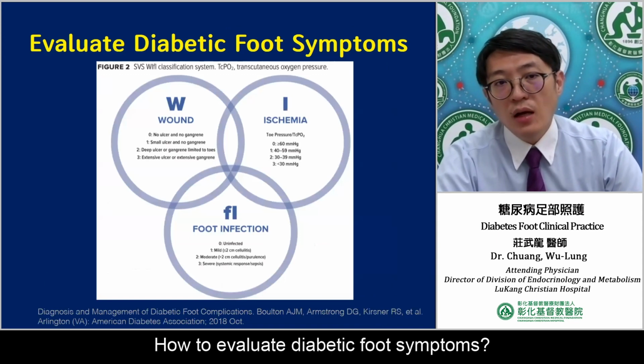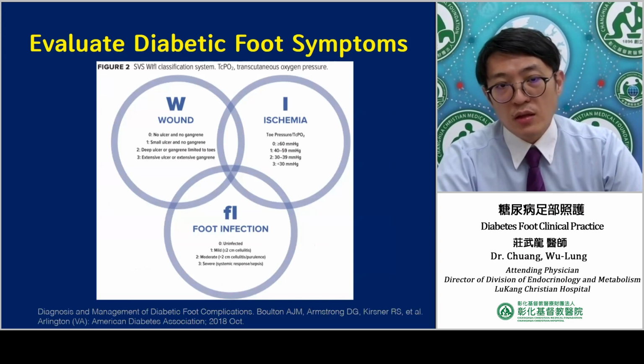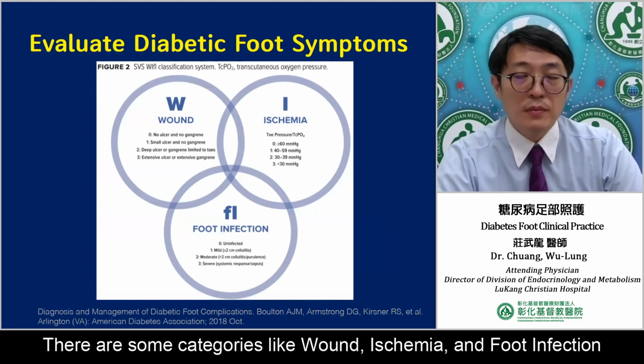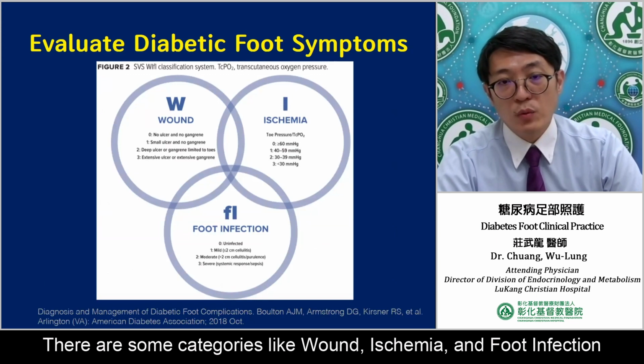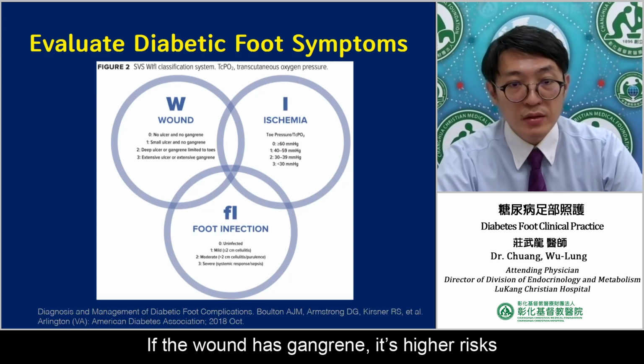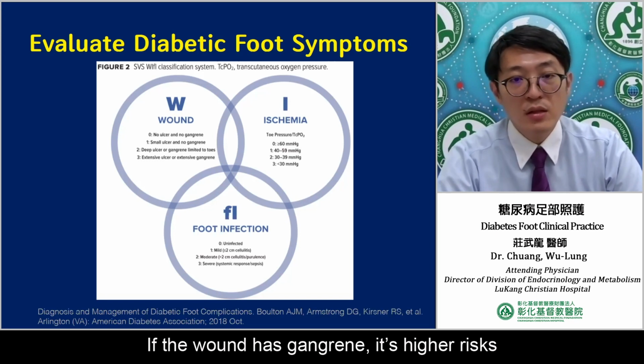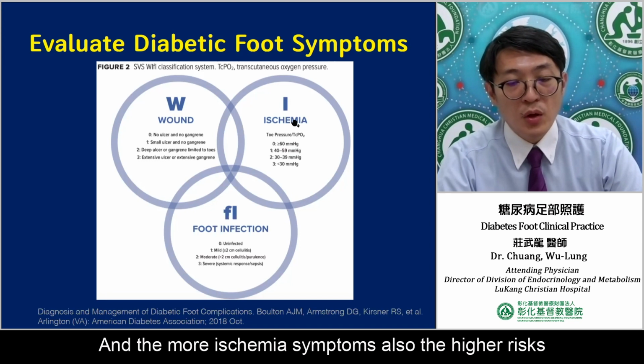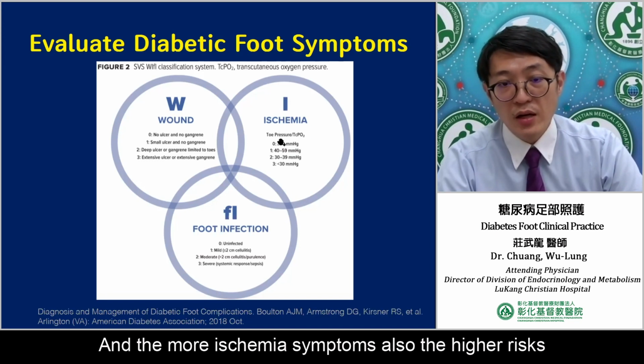And how do we evaluate diabetic foot symptoms? There are some categories: wound, ischemia, infection. If the wound has gangrene, it's higher risk. If there is more ischemia symptom, higher risk.